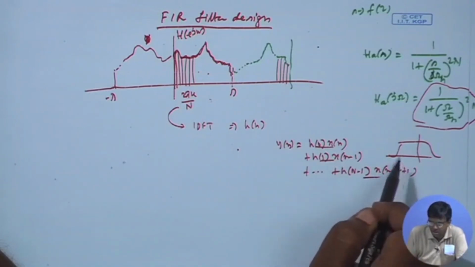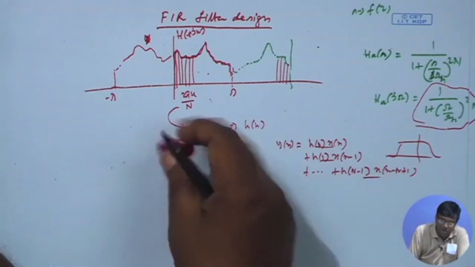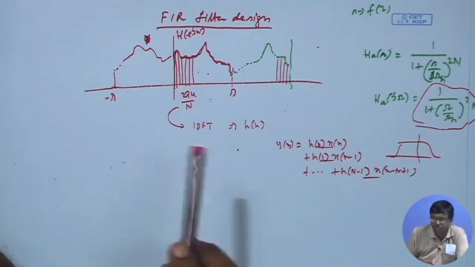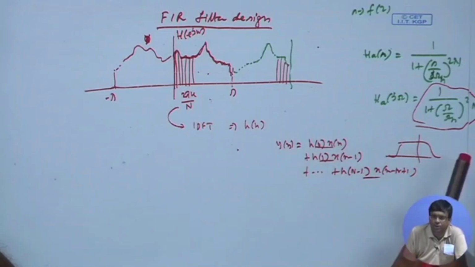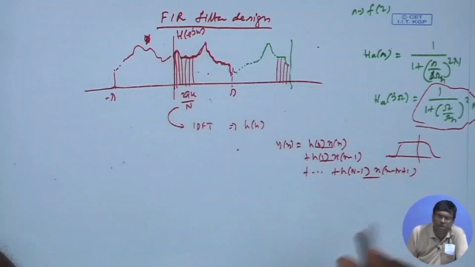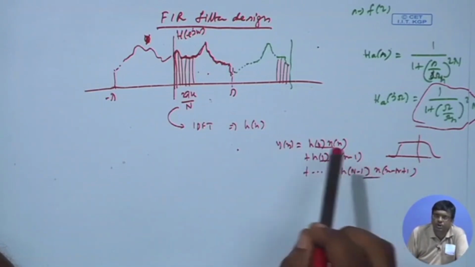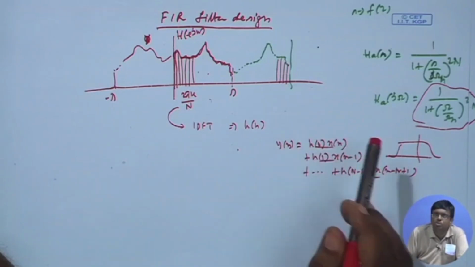In fact, because the order is large, this is the problem of FIR filter. Typically, to obtain the same response as that of an analog filter, or to match any kind of arbitrary response, you need a FIR filter of very large order. And in that case, when you carry out the convolution, you have so many multiplications, meaning computational complexity will be high.